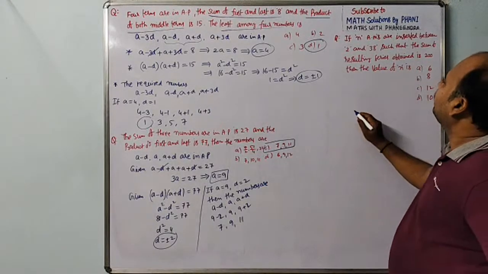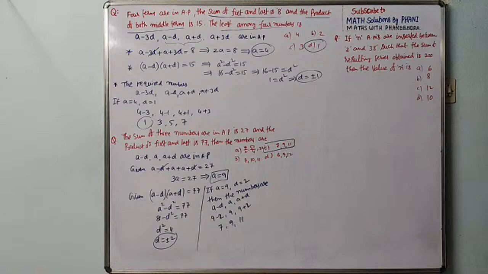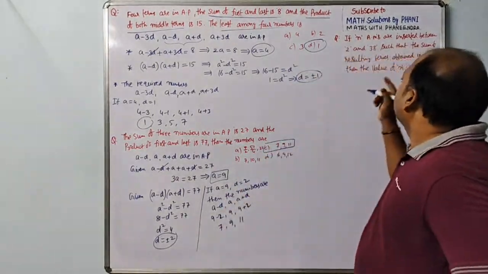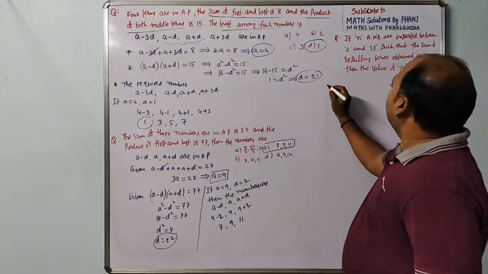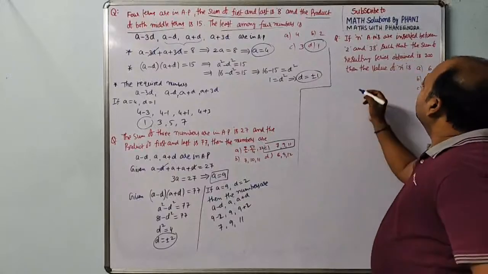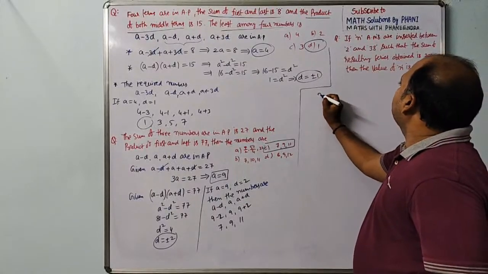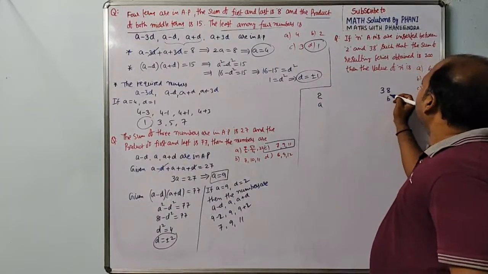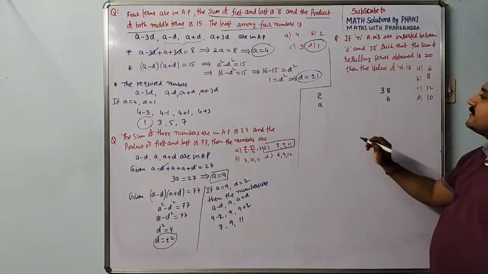Now come to here. If n arithmetic means are inserted between the numbers 2 and 38. So here we are going to look at it as 2 and 38 are the numbers which are A and B. How many arithmetic means are inserting?